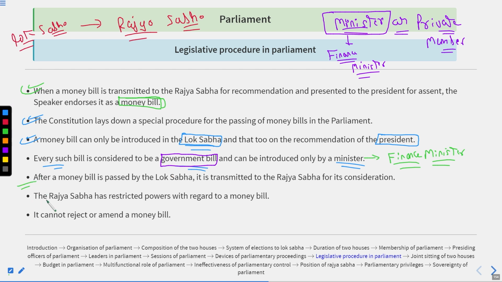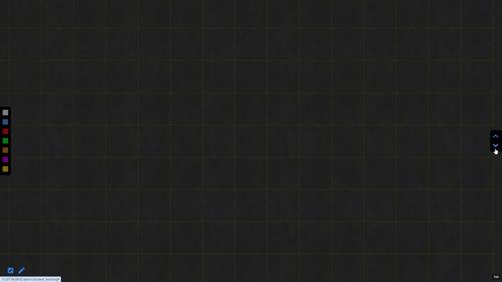Thereafter, after a money bill is passed by the Lok Sabha, it is transmitted to the Rajya Sabha for its consideration. Okay, the Rajya Sabha has restricted powers with regard to a money bill. Like if we talk about the ordinary bill cases, we had discussed that the Rajya Sabha had three powers. What were these three powers?